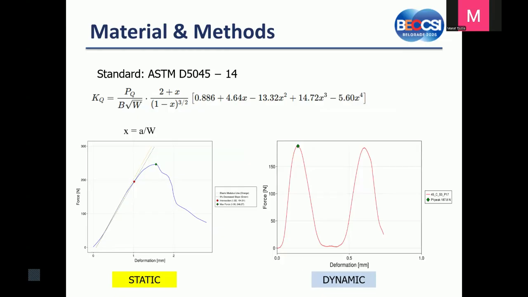So for the static test, we consider a second line with a compliance 5% higher than the linear elastic portion of the curve. For the dynamic test it was quite complicated to do this, so we consider the maximum load in this case.